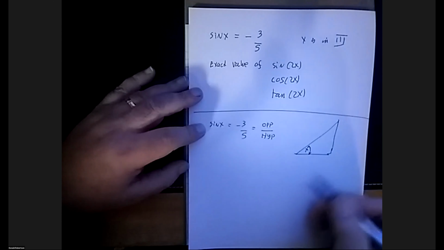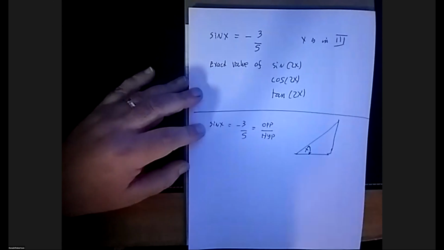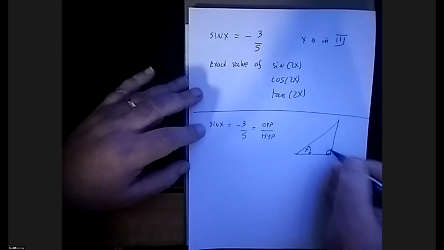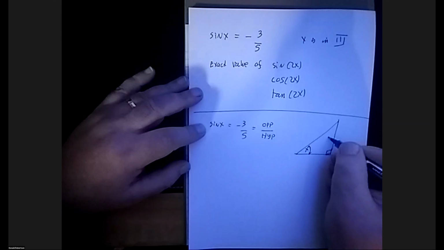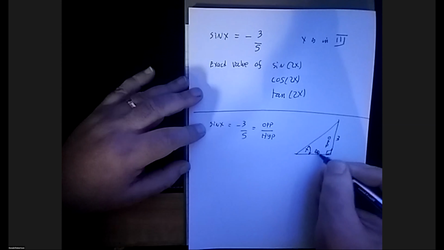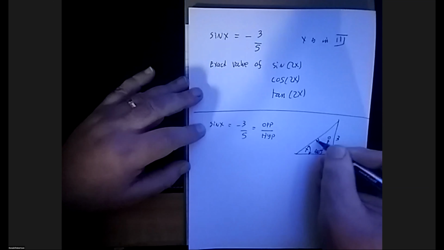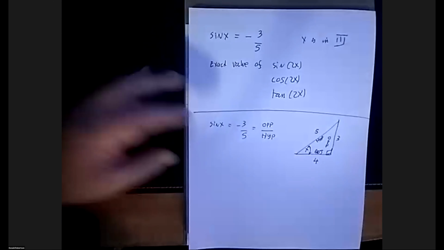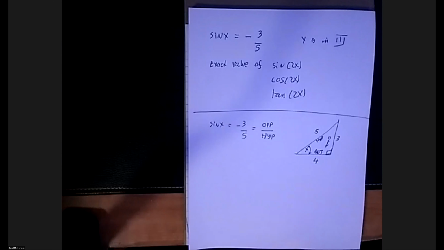I like angles to be called theta, because if you call them x, it feels like it's something to do with the x-axis, and it's not. And this particular guy then, the opposite is 3. The hypotenuse is 5, and the adjacent ends up being 4, because I use Pythagoras.